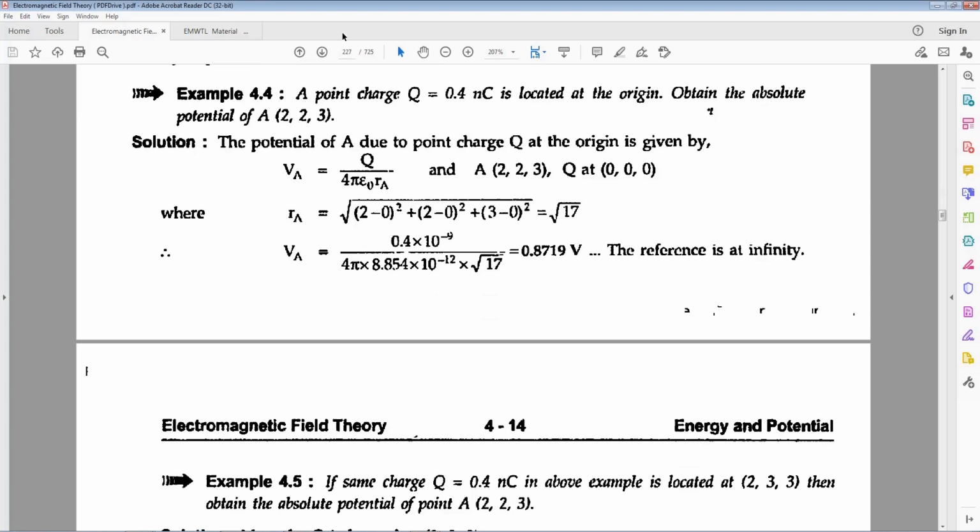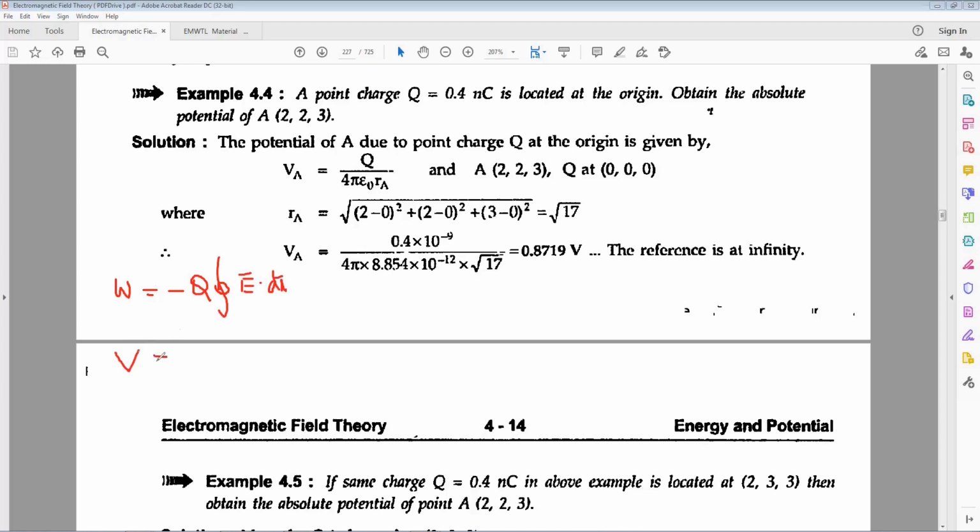What is the relation between work done and the potential? Work done is equal to, we have the formula, integral E bar dot dl bar.